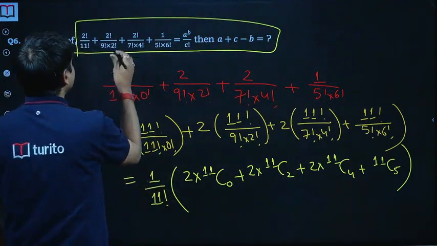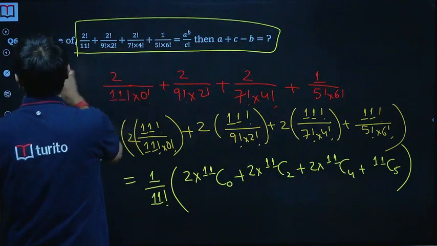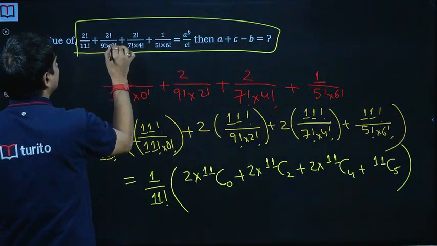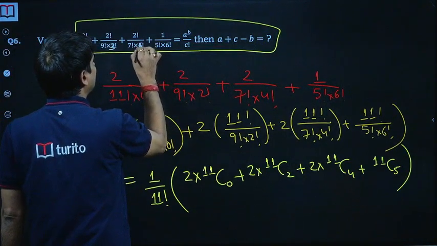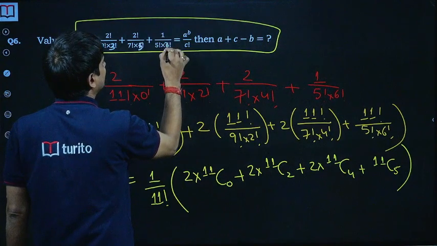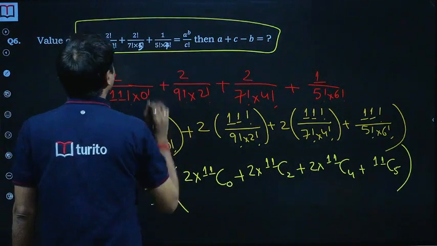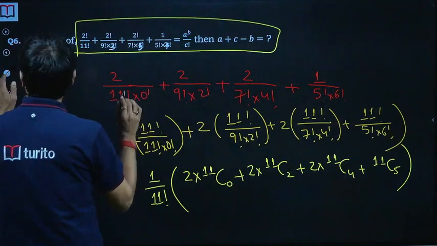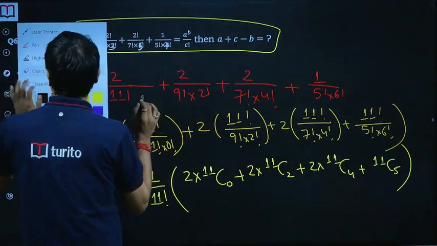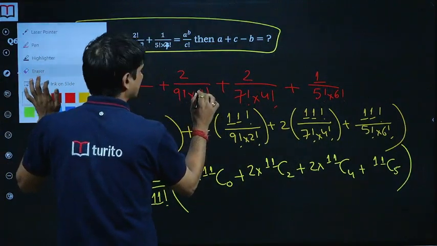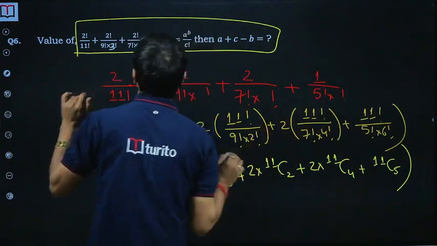See, let me correct it. Instead of 2 factorial, I will write here, see, again I will say the importance of this is to have a question, to have an approach. Okay. So what we have now? So we had a choice. So 11 factorial, 0 factorial is also 1, and then it will be 2, right.